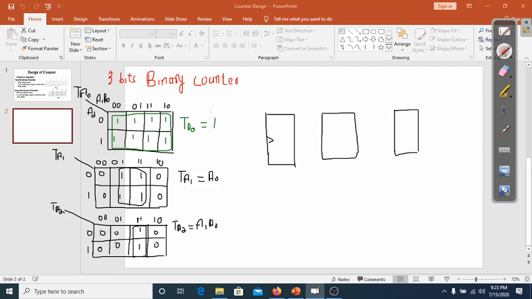These have a common clock pulse, so I'm making a common clock pulse.